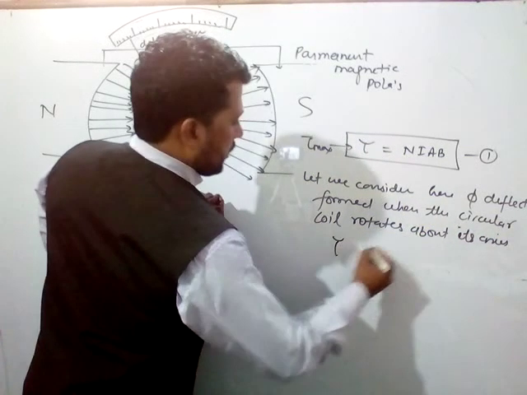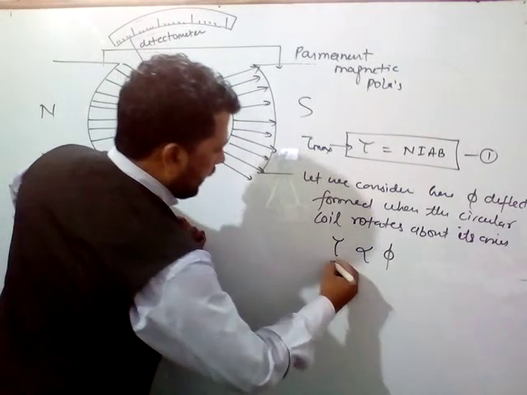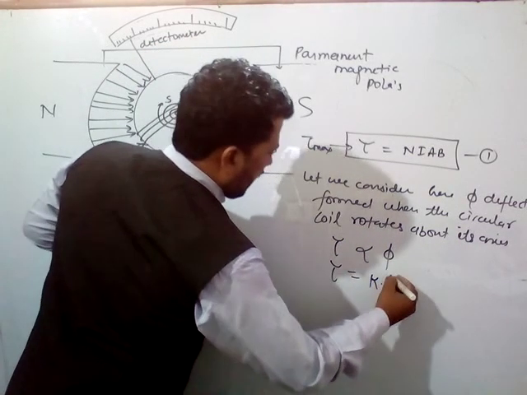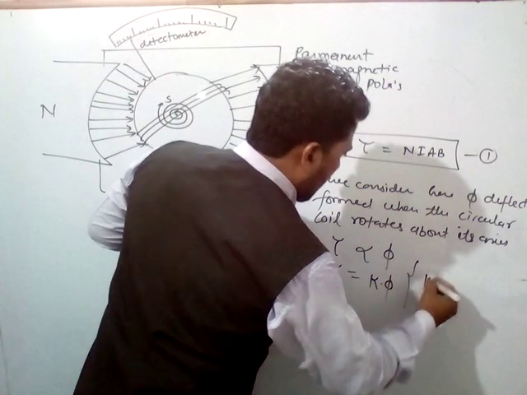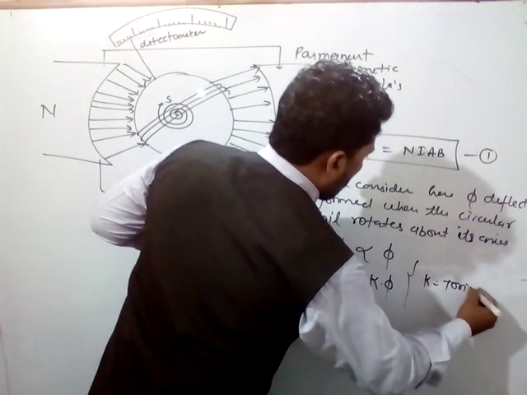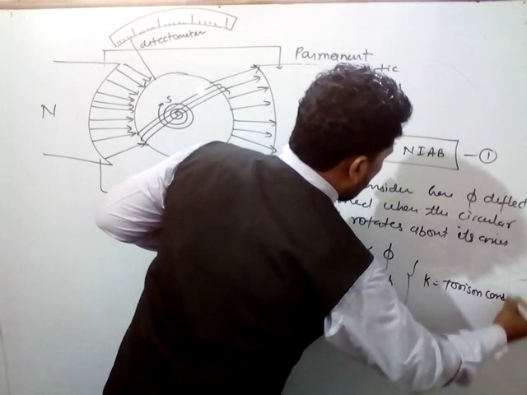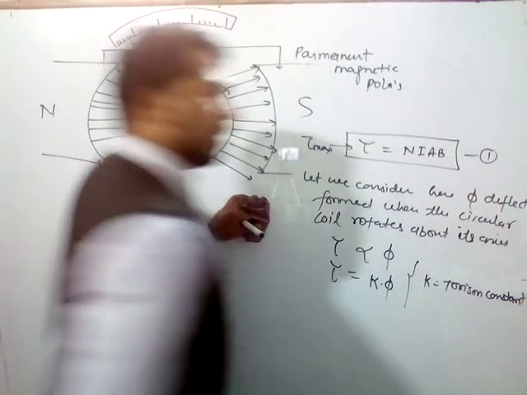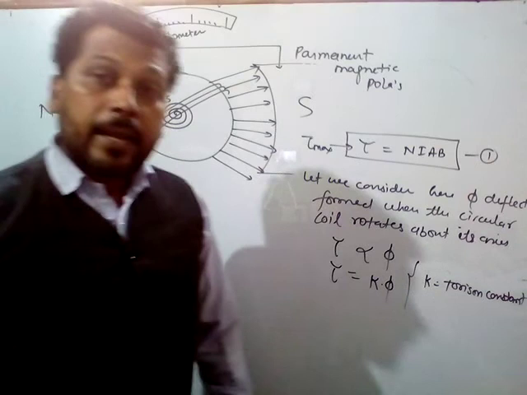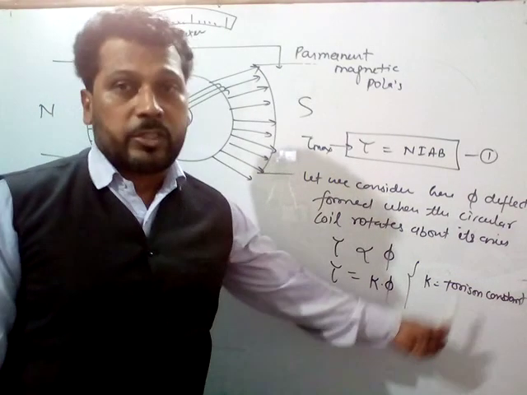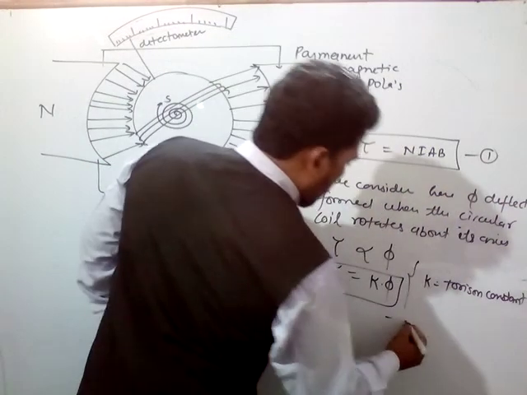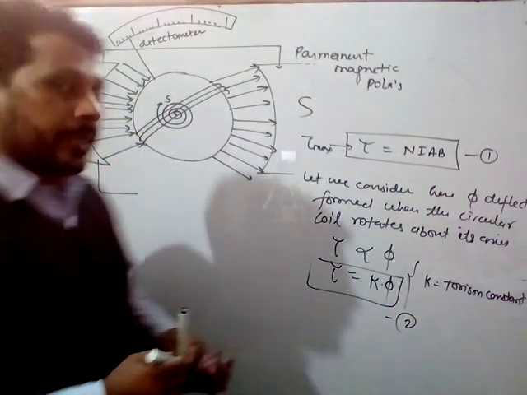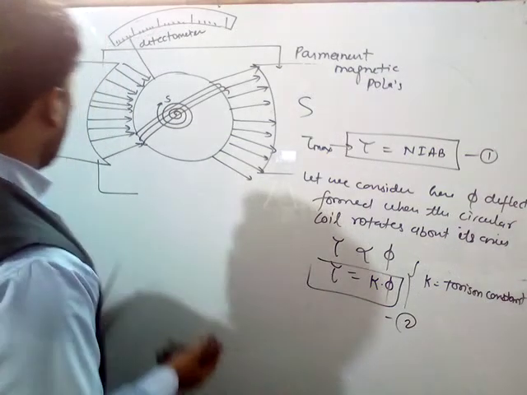Then the torque is directly proportional to phi, so torque equals k phi, where k is the torsion constant. So this is also torque and this is also torque, and both torques balance each other.